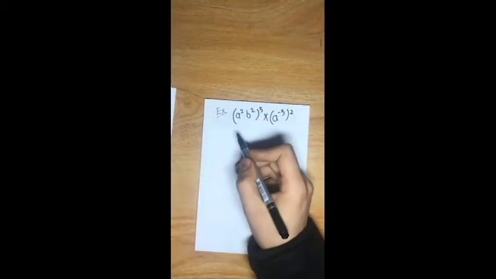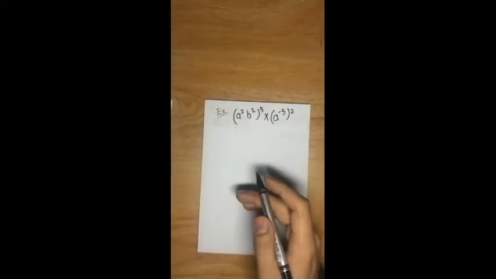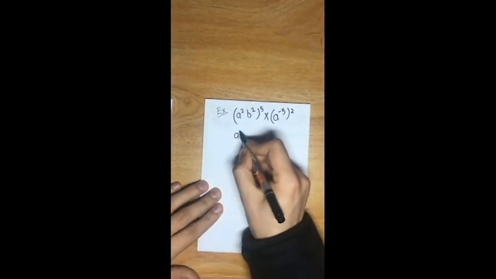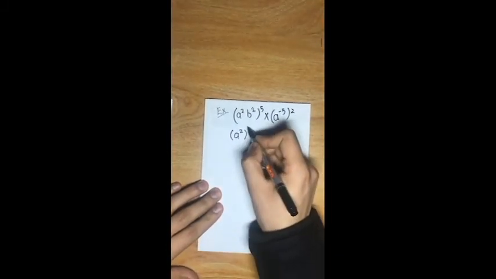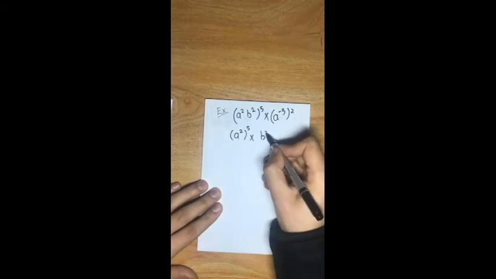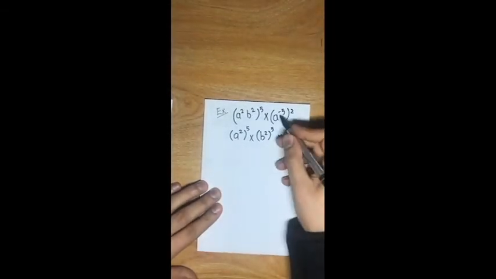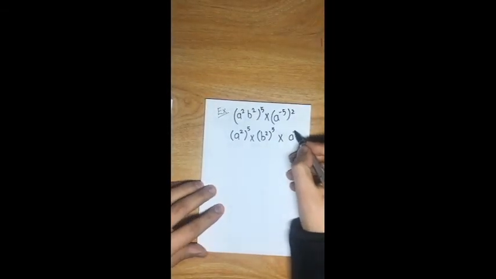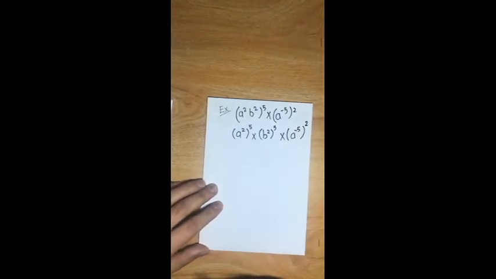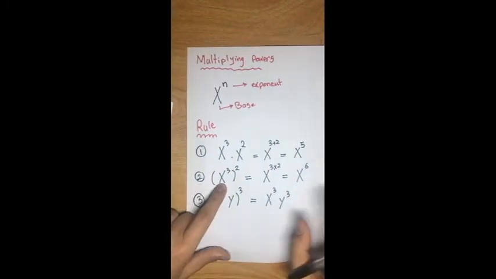So we have to use the third rule: a to the power of 2 all raised to the power of 5, times b to the power of 2 all raised to the power of 5, and then times a to the power of negative 5 all raised to the power of 2.